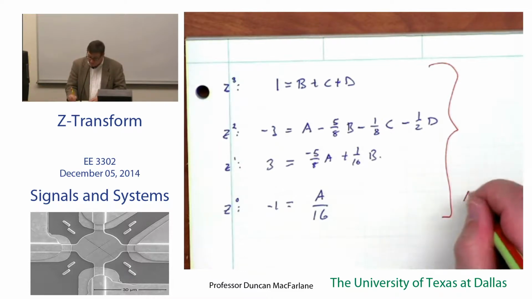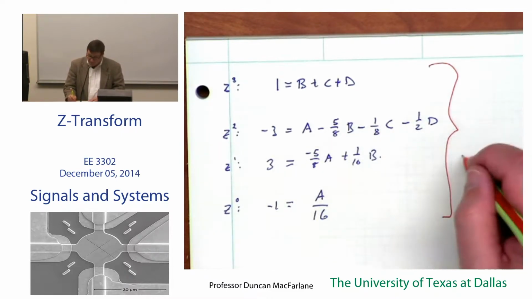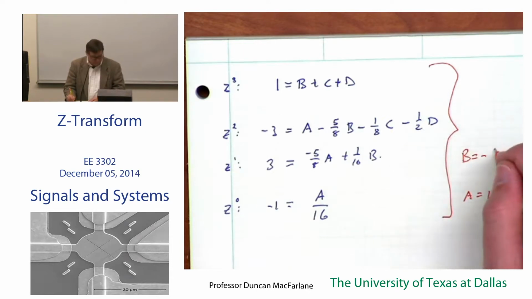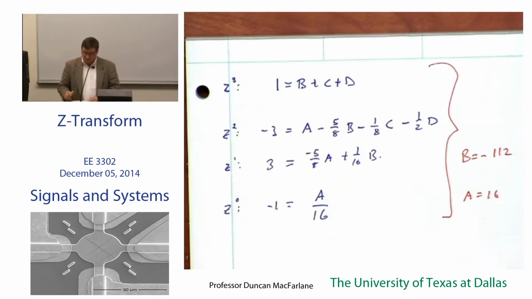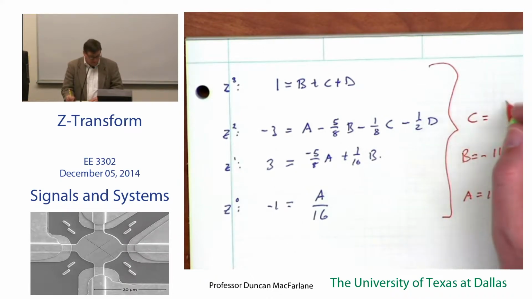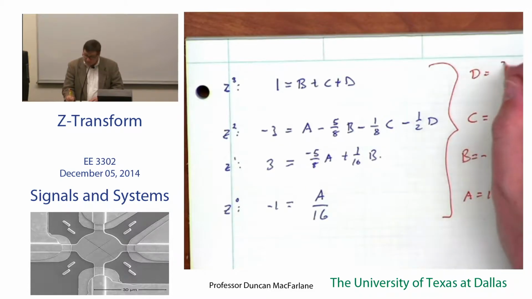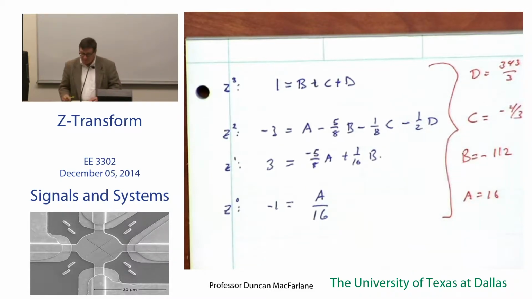So this gives you A is equal to 16. Plugging in gives you B is equal to minus 112. Plugging into these gives you C is equal to minus 4/3 is what I get, and D is equal to 343 over 3.